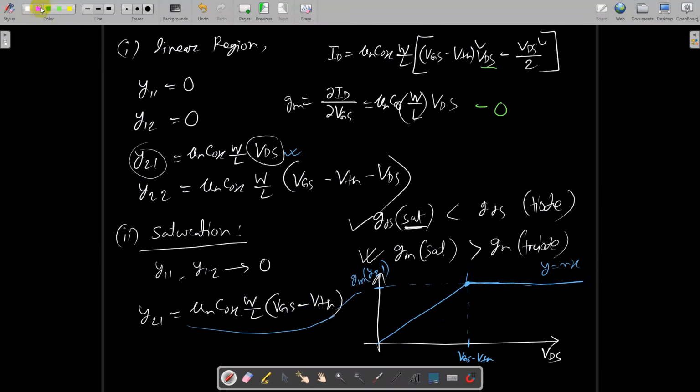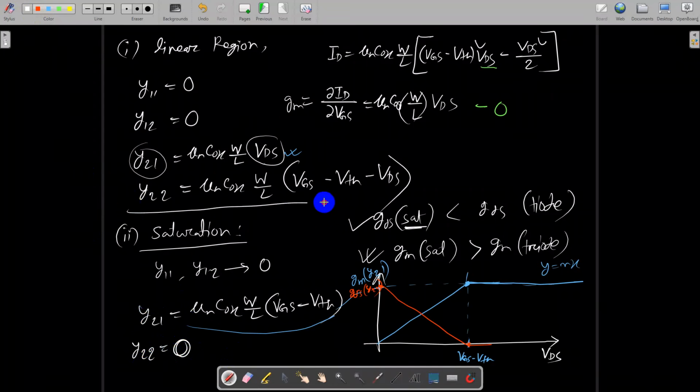Now for GDS, Y22, we want a small value for your GDS. Before this VGS minus VTH, our GDS looks like this, a straight line, and after that your GDS vanishes. Because for the saturation region without any CLM, our Y22 is 0.